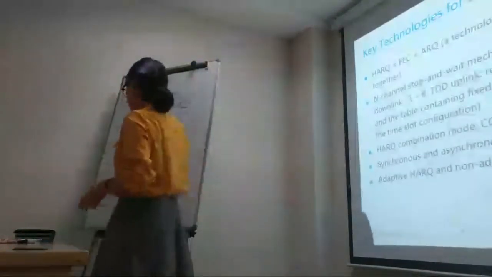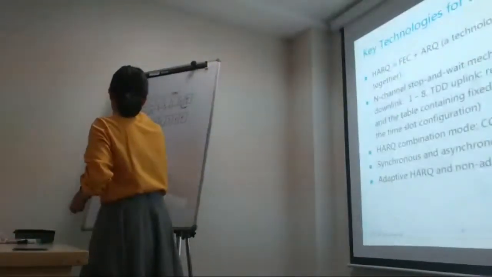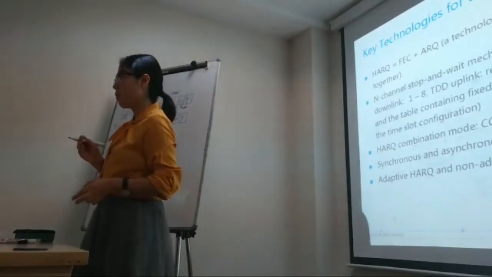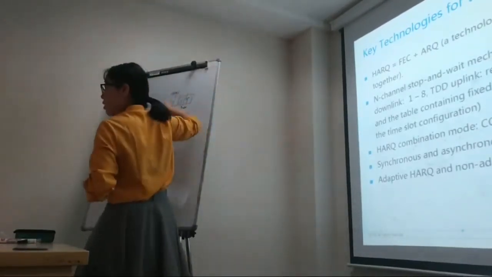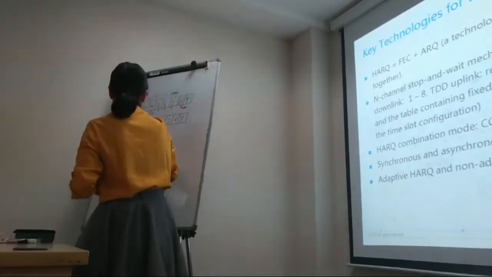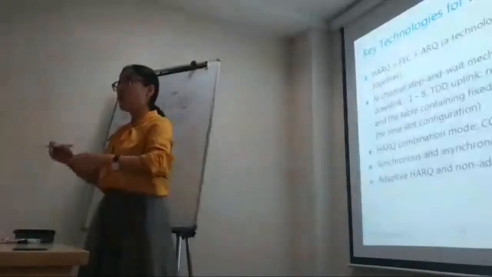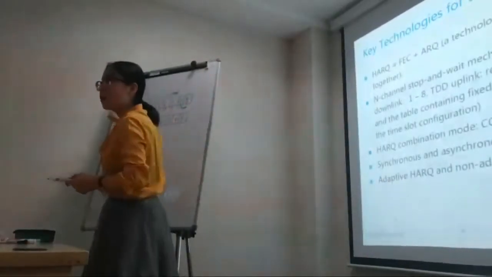So this is called the HARQ RTT, the round trip timer. That means from the first to the next is one round. So this timer is 8 milliseconds. So the eNodeB can process them at the same time.